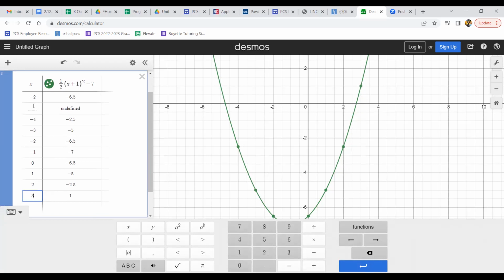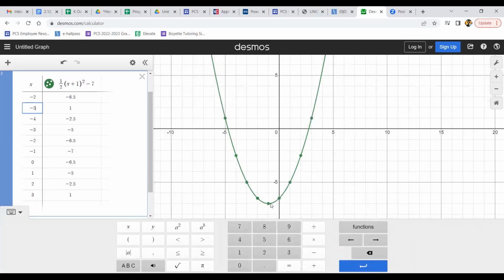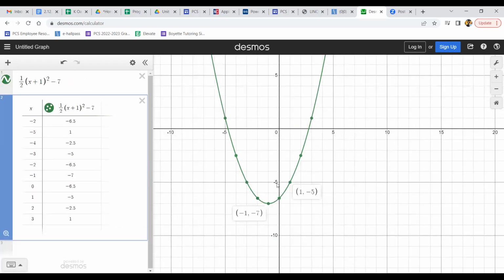So we could do this one, and then these two, and then these two. We could graph it like that. And then you could avoid doing halves. So -1, -7, 1, -5, -3, -5, and then 3, 1, and -5, 1.